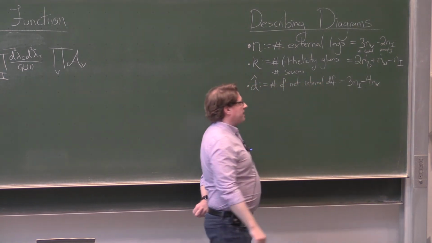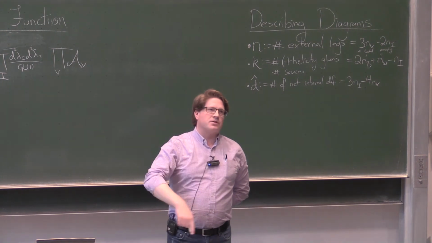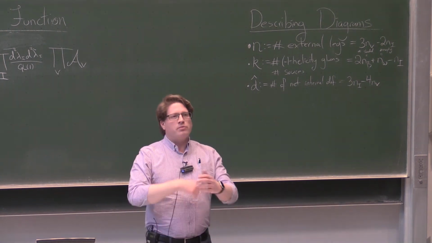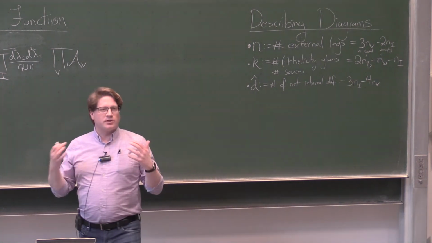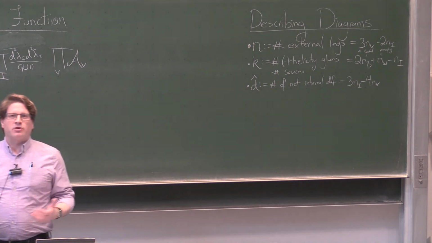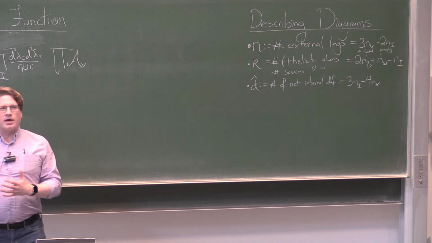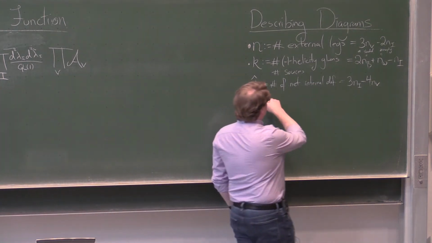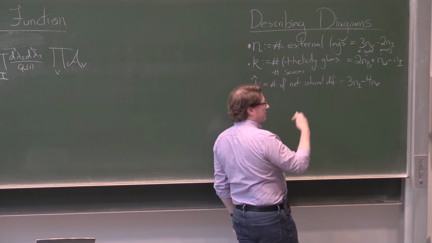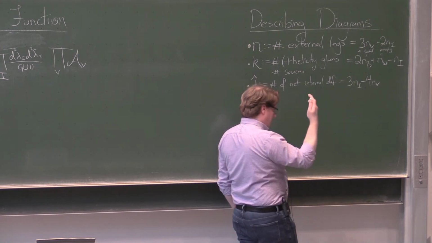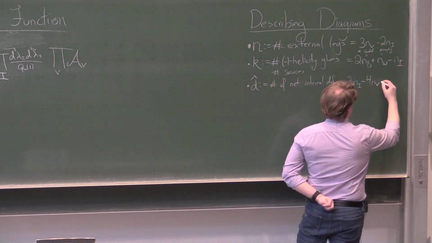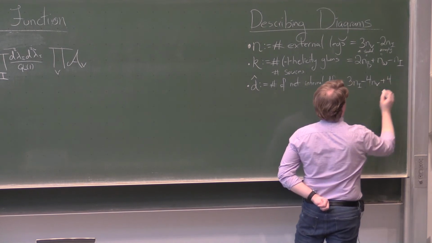However, of the 4 delta functions per vertex, one of the delta functions always, any graph of momentum conserving vertices will conserve momentum across the graph. So you can always pull out an overall momentum conservation. So the net number of internal degrees of freedom, which is how many things you have left after you've integrated out as much as you possibly can, if you can, is this number.